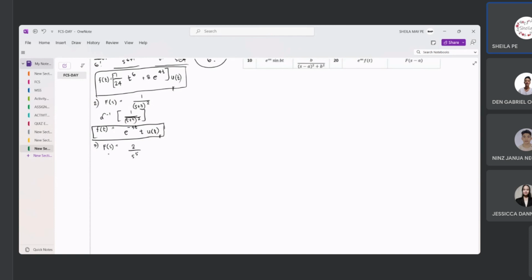Okay, what do we need to do? We need to have the inverse Laplace of 2 over s raised to the power of 5. Take out the 2, and we are left with 1 over s raised to the power of 5.